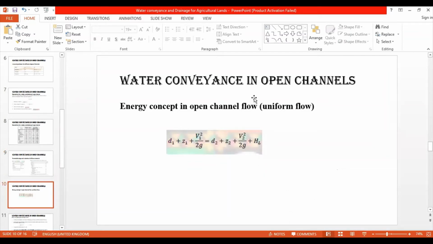The other thing that I would want to make mention of is that the energy concept that we talked about in pipes also applies in a similar way to open channels. It's just the same principle as we did in the previous chapter, so we won't dwell much on this one because it's the same principles applying.